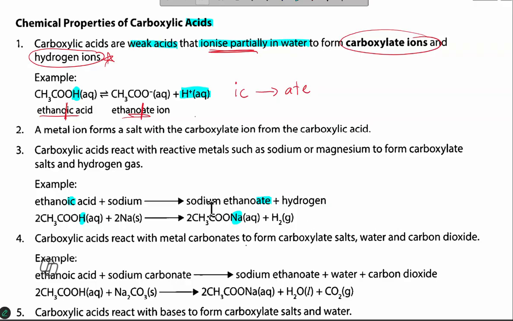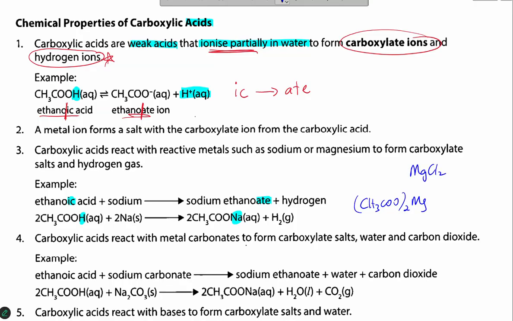Alright? So if I want to write magnesium ethanoate, how do I write? Remember my ethanoate is like that. It's a single minus, and I combine it with magnesium, which is 2 plus. Obviously, like this. Why? Because my magnesium chloride is written as this.